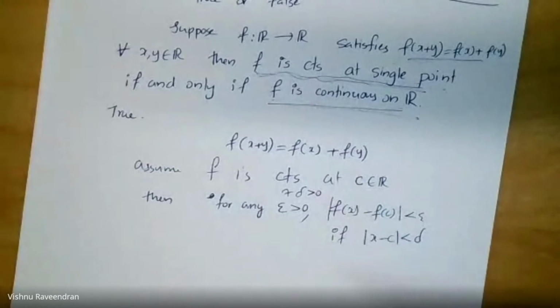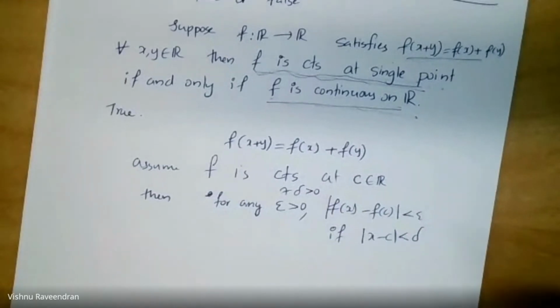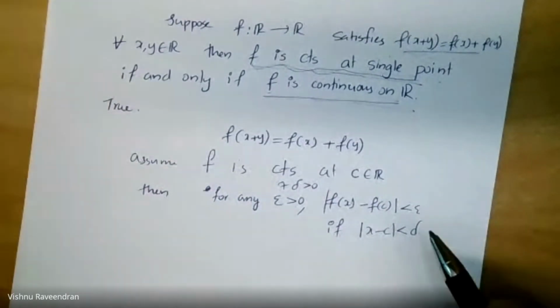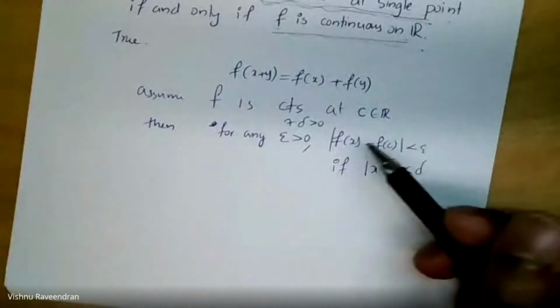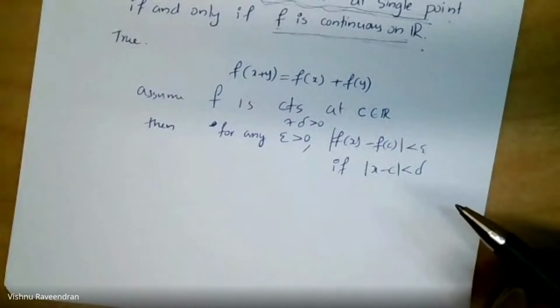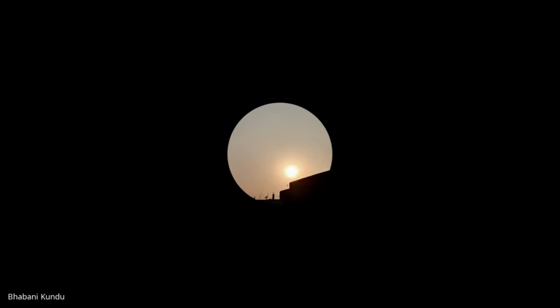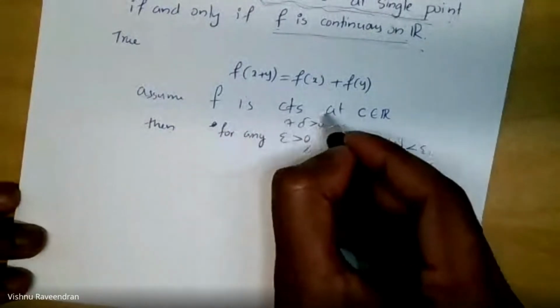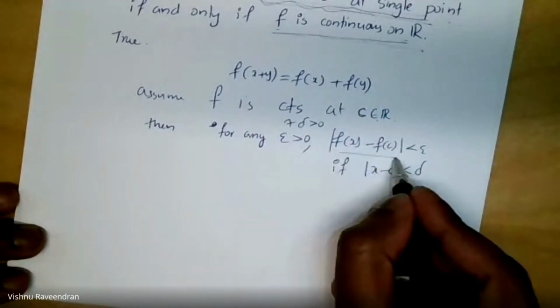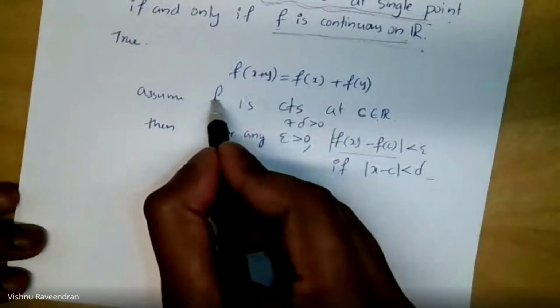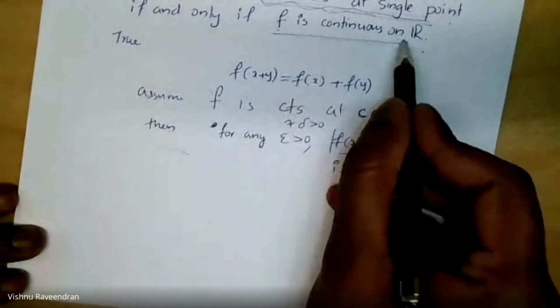So these are the given information. So can you find some more information from these properties? Since you choose C belongs to R is arbitrary, so it has to be continuous on R. No, we are assuming f is continuous at a particular c in R. So we have this result. Now we need to prove f is continuous on whole R.